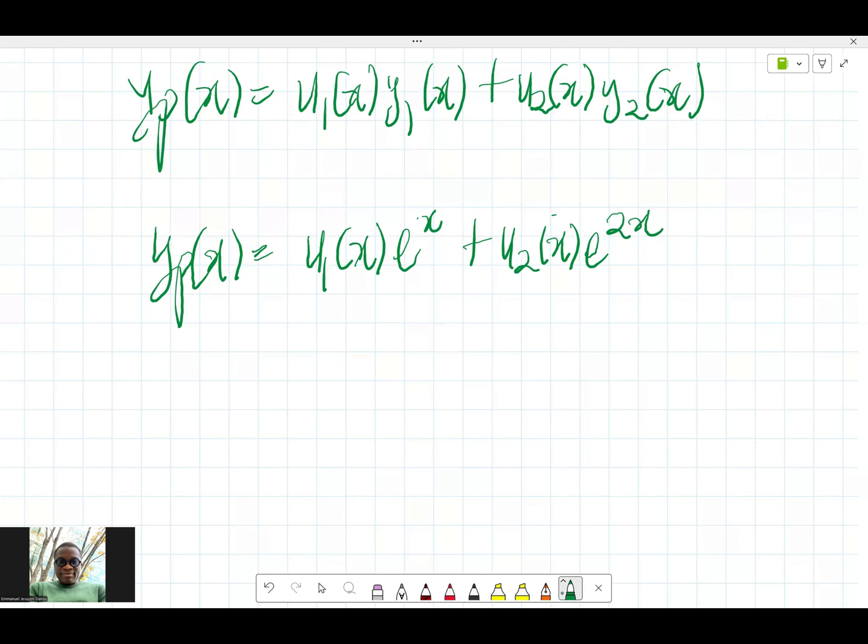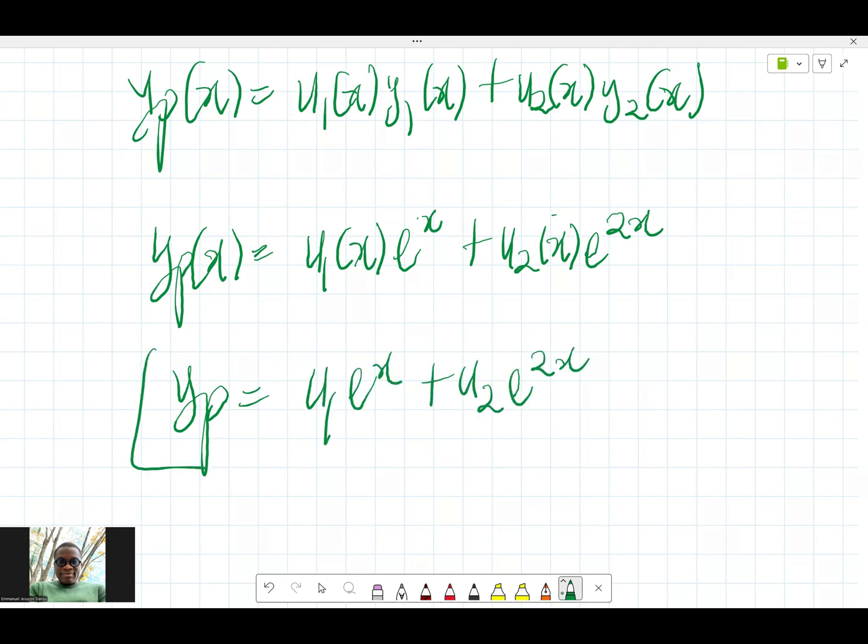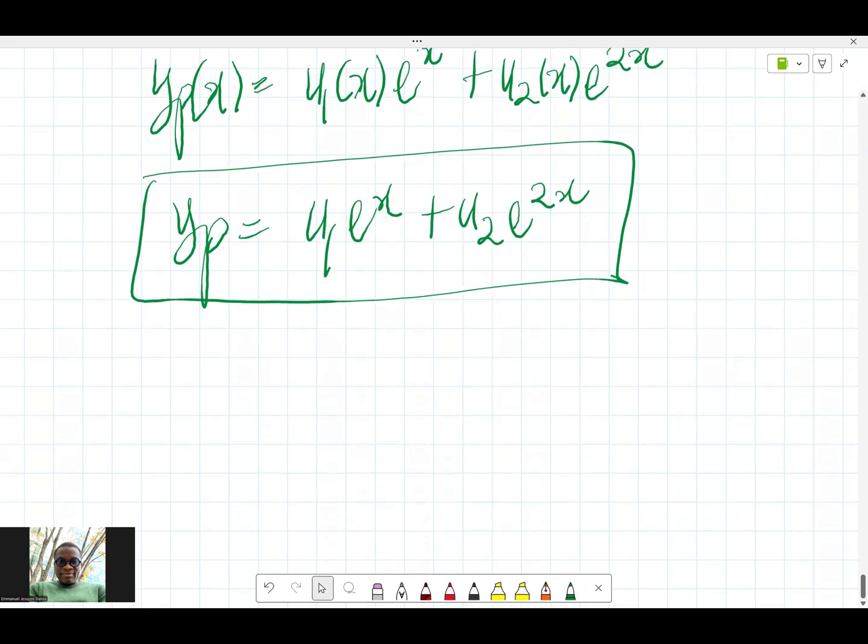To make things easier, we can just say yp is u1 e raised to the power x plus u2 e raised to the power 2x, because we have a lot of things to do. So we have this now. With this in place, we can go for the next step.